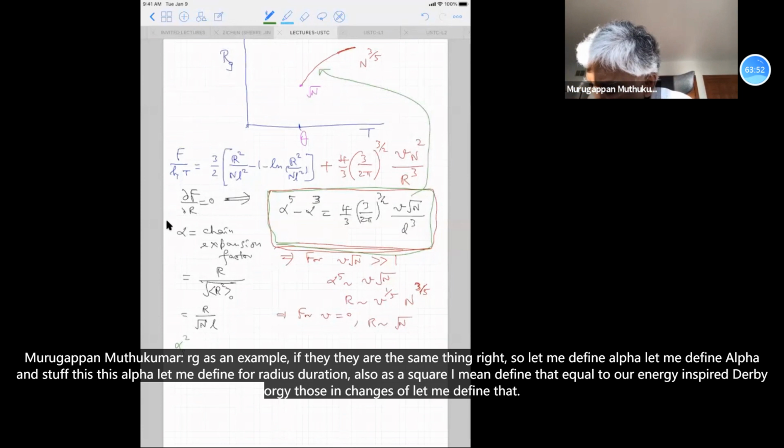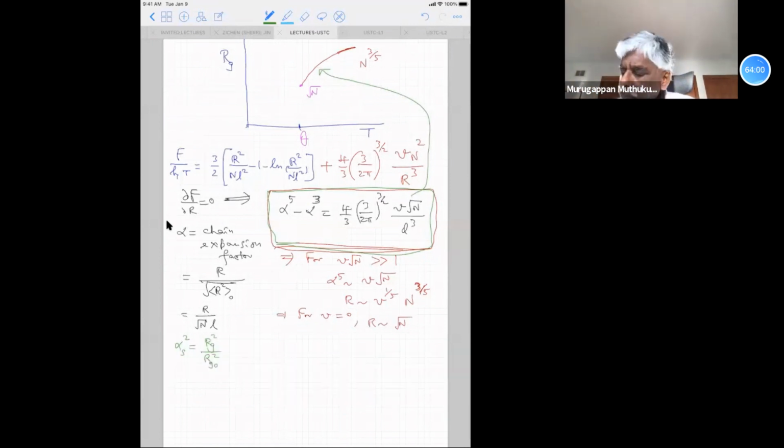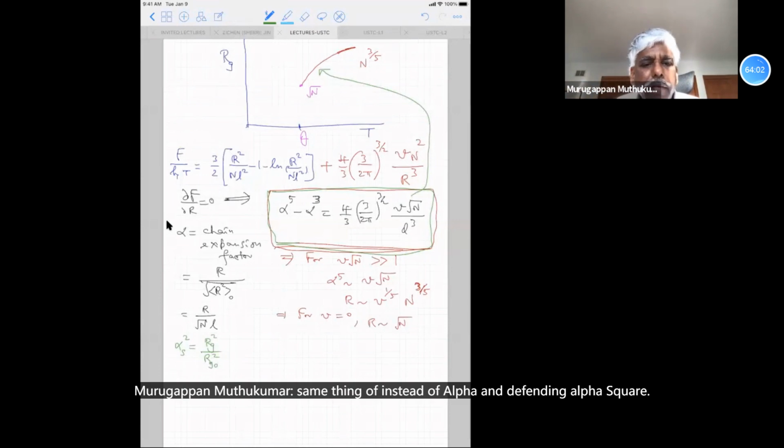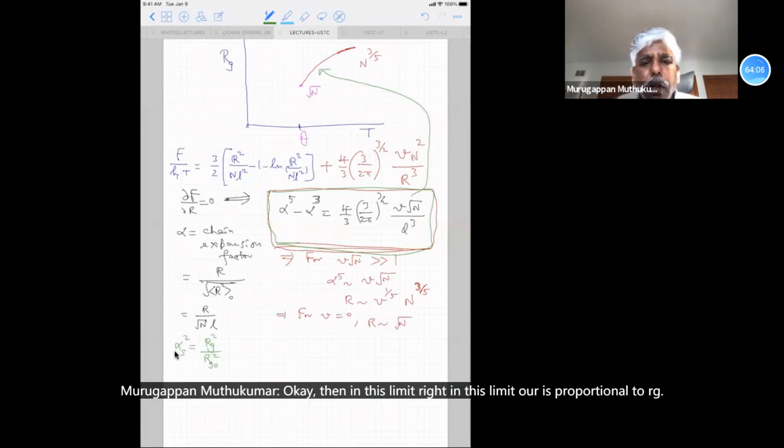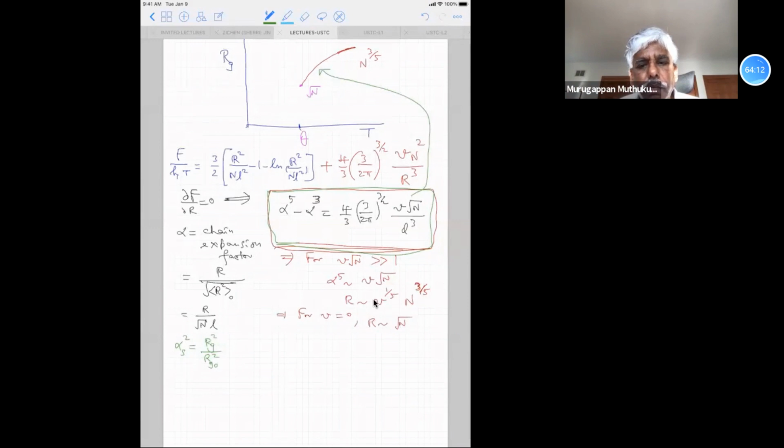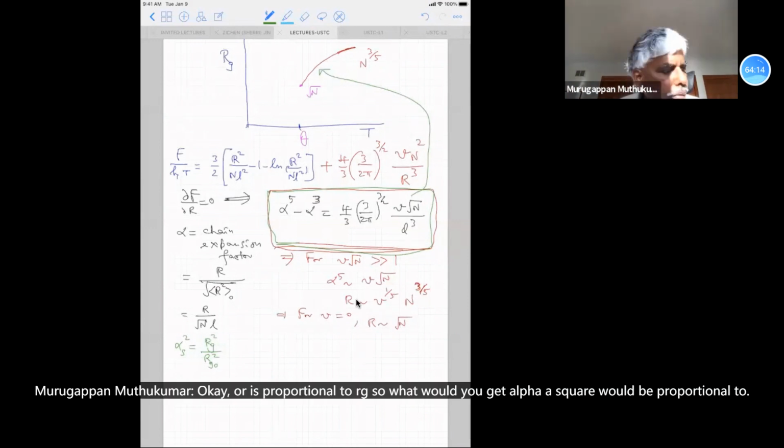That's equal to RG squared divided by the RG Gaussian chain result. Same thing, instead of alpha, I'm defining alpha squared. And in this limit, R is proportional to RG.